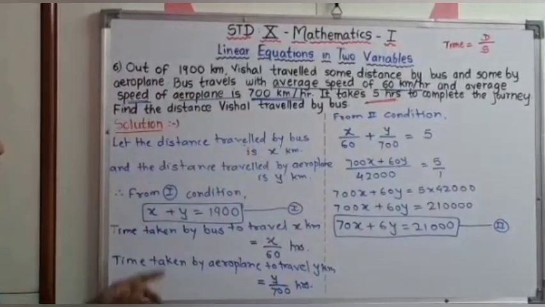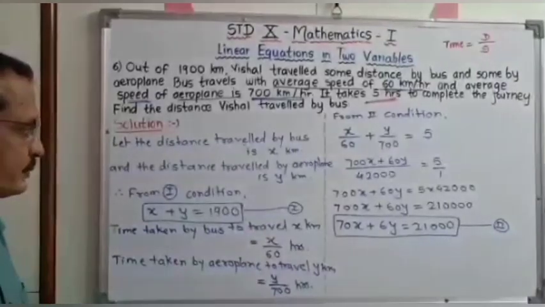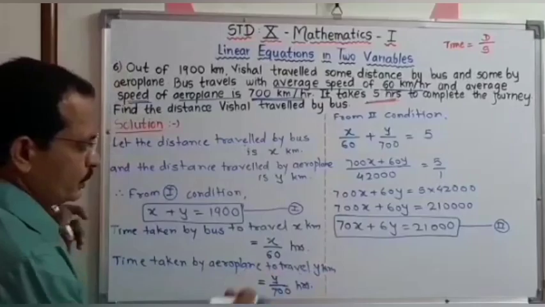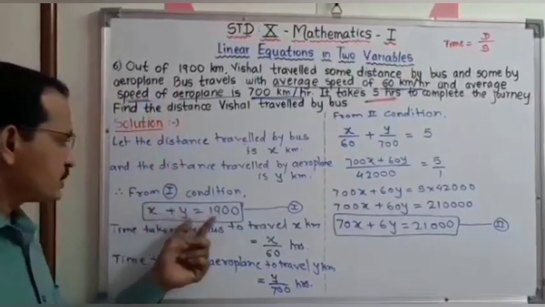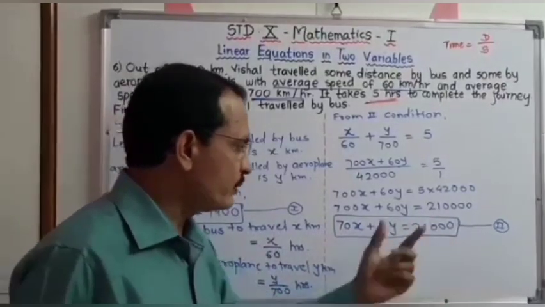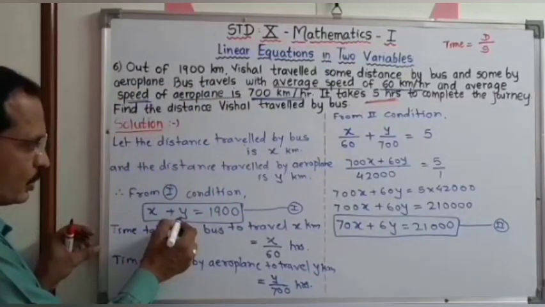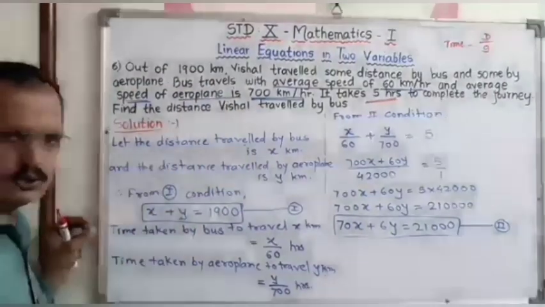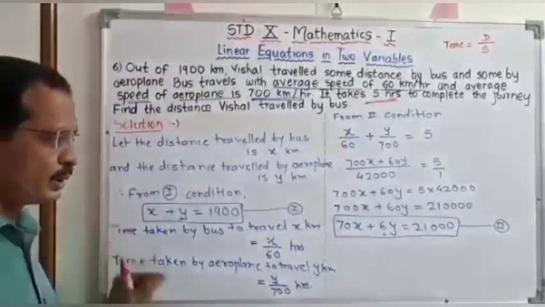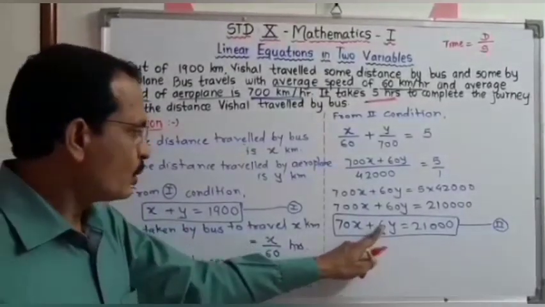Now we have to solve equation number first and second. x plus y is equal to 1900, 70x plus 6y is equal to 21000. Now see the coefficient of this y is 1 and the coefficient of the other y variable is 6. First of all, we have to make the coefficients the same.